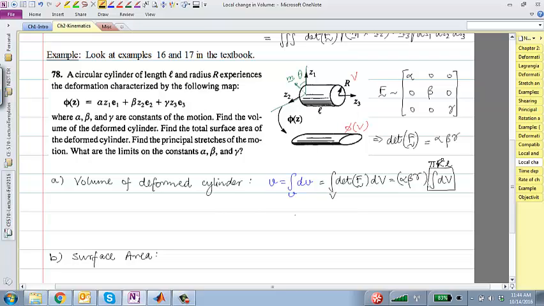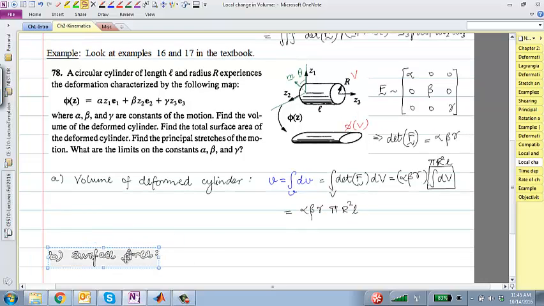Basically, volume is alpha, beta, gamma, pi r square L. What would you do if determinant of F is not constant? You would indeed have a triple integral here with S1, S2, S3, but it would be some function of S1, S2, S3, this determinant of F, right?